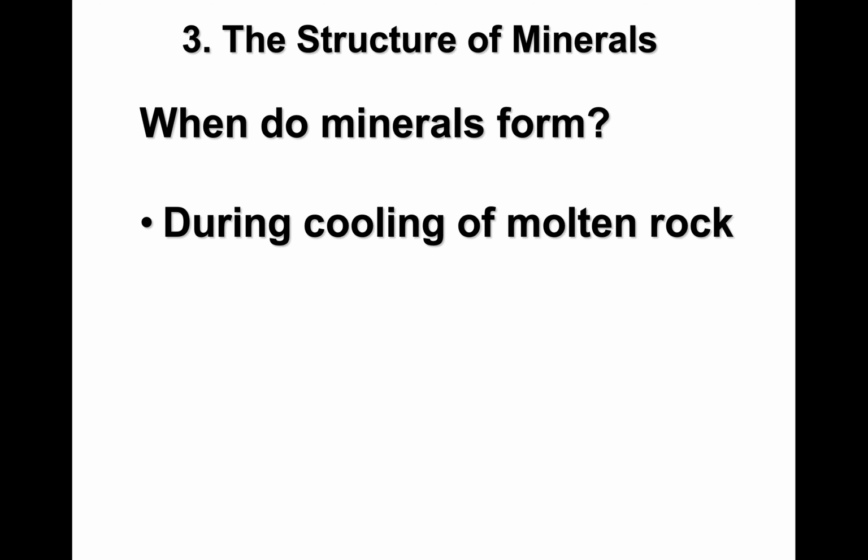And these minerals are crystallizing out from the cooling melt. This is the most common process which leads to the formation of minerals. But that is not the only process. We have also some other possible processes.